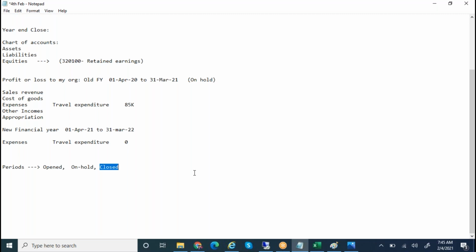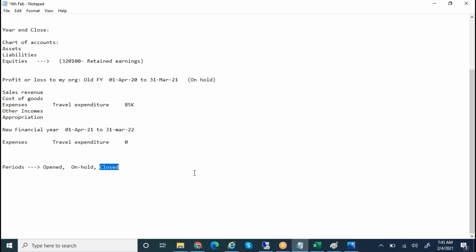What do you mean by this? Suppose I'm using AX 2012, and I'm using this application for the last 7-8 years: 2011-12, 2012-13, 2013-14. Now in 2012-13, I'm not going to do any transactions. It is already closed and I have already submitted the statutory reports to the government authorities.